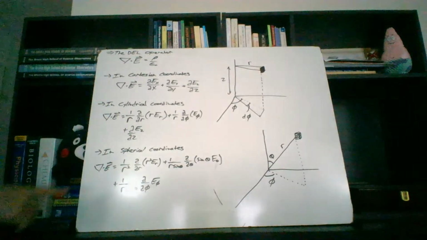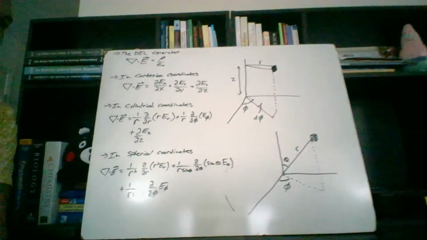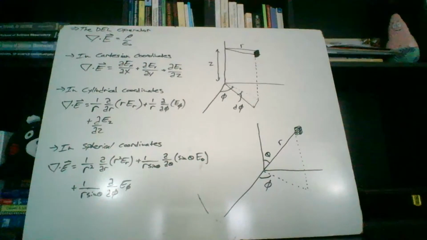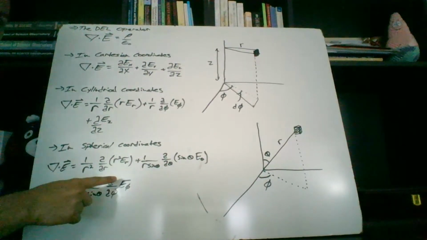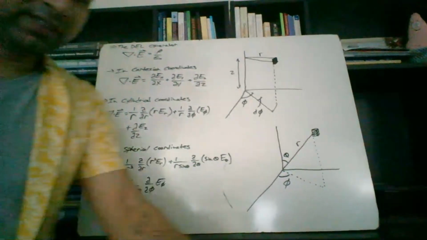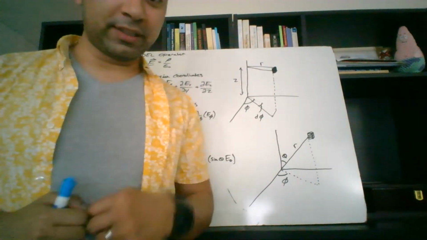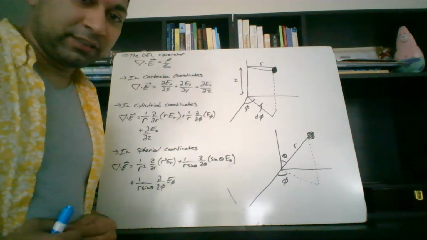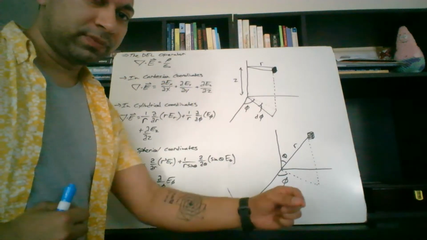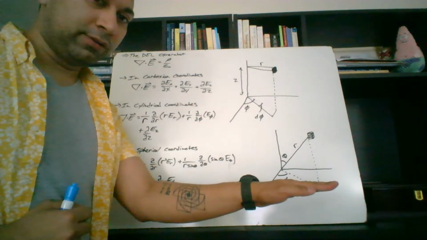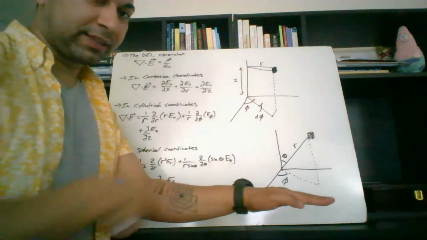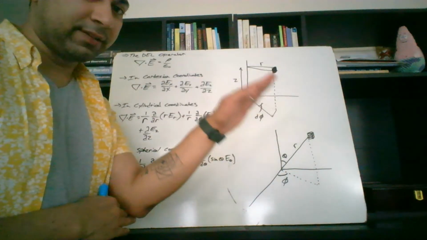Okay? Now in spherical coordinates, we can do the same thing, except it's going to be a little bit different. This is how spherical coordinates look. I'm the center again, I'm the origin. First I need a radius to go, there's my radius. Now, instead of going straight up like that, I'm going to make an angle like this.